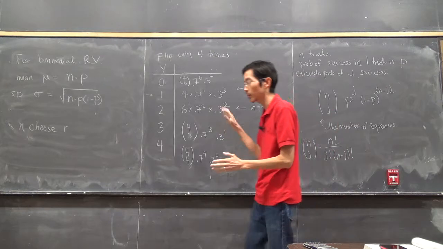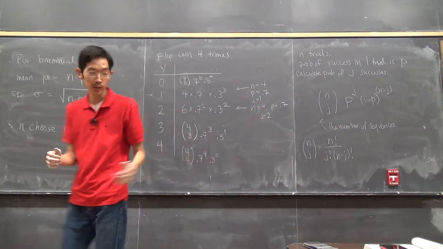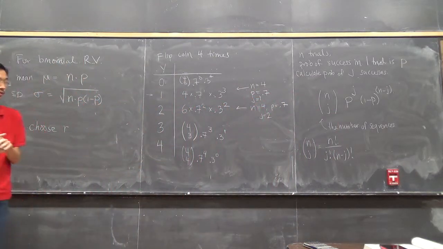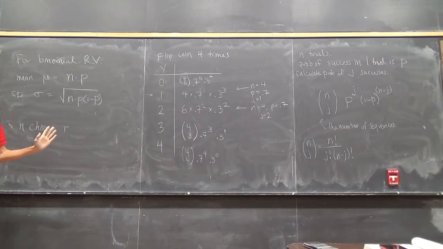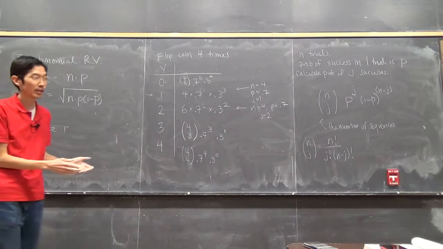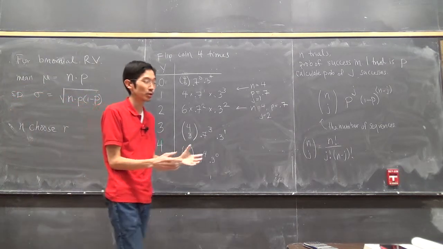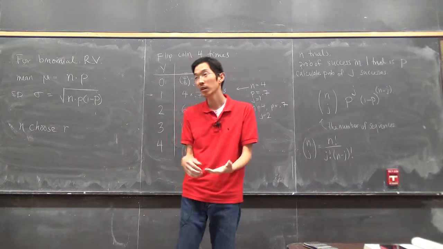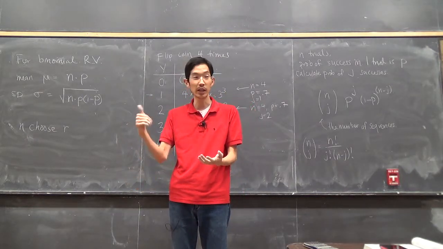And I know I spent a lot of time going over the calculations of this, but very important is knowing when to use the binomial random variable, okay, when this situation applies. And the key here is you are doing the same thing several times. You're doing it n times.